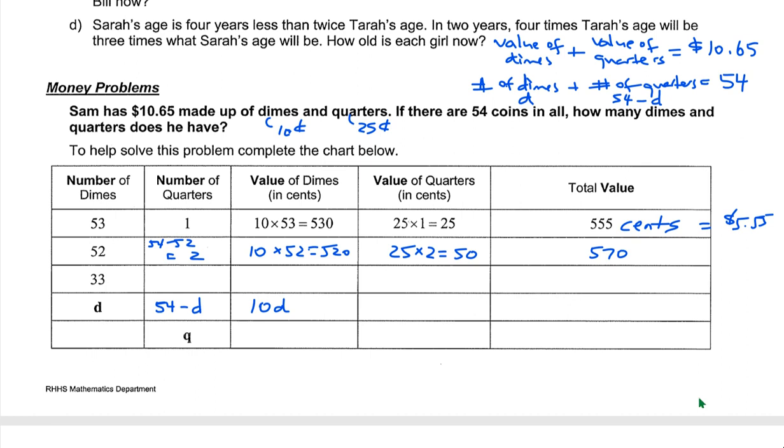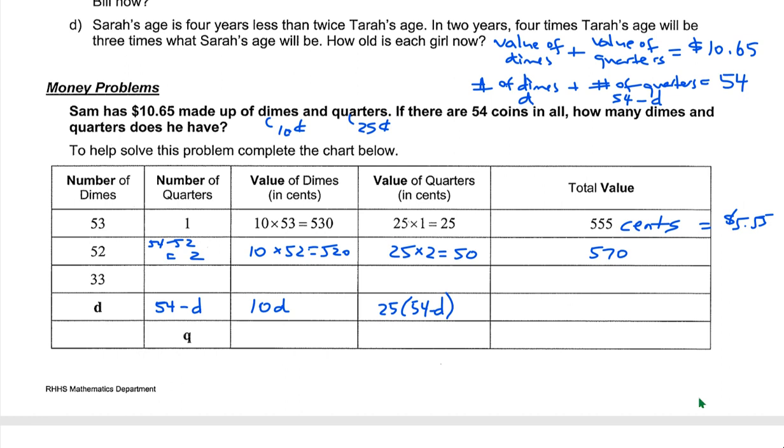Well, it's just 25 cents times the number of quarters. But the number of quarters is 54 minus D. If you have D dimes, then the number of quarters is 54 minus D. The value of your dimes is 10 times the number of dimes. The value of your quarters is 25 times the number of quarters.